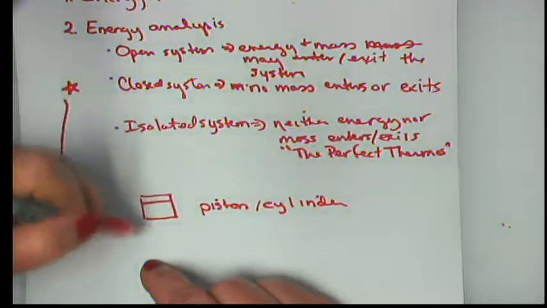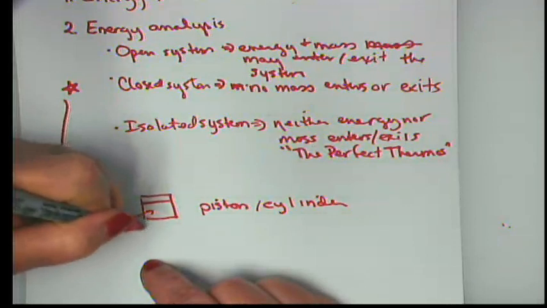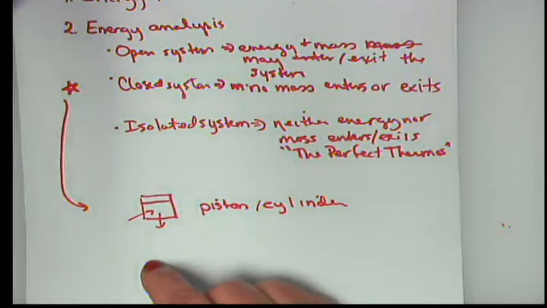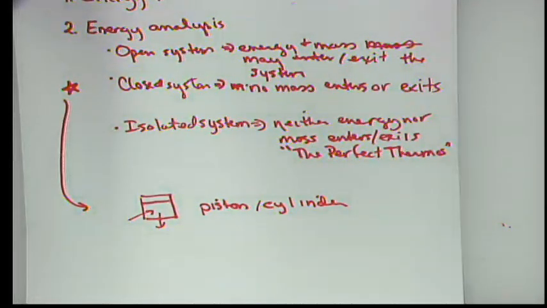The reason we're interested in this is that you can add energy to the system or take energy away from the system, and the piston rises and falls, and therefore the volume of the fluid within the cylinder can change, and yet no mass enters or exits.